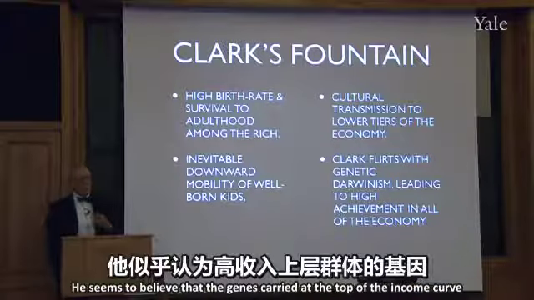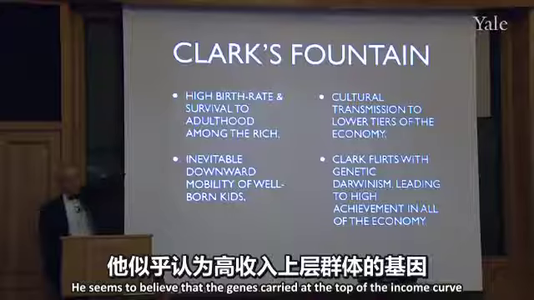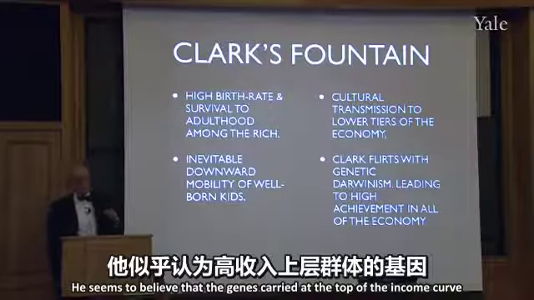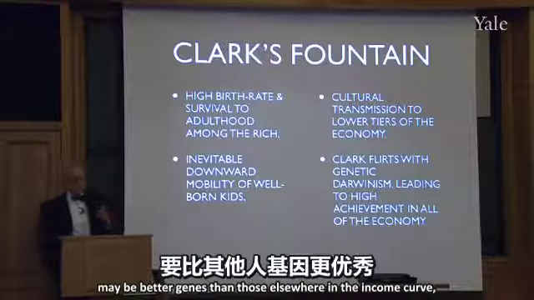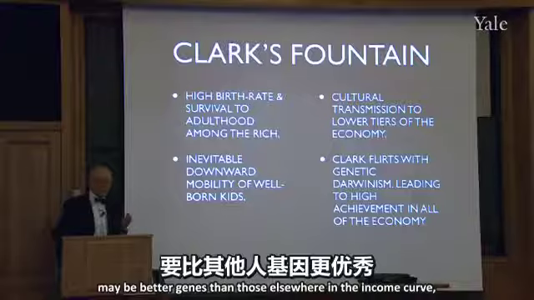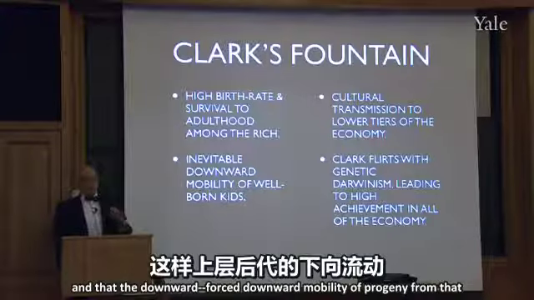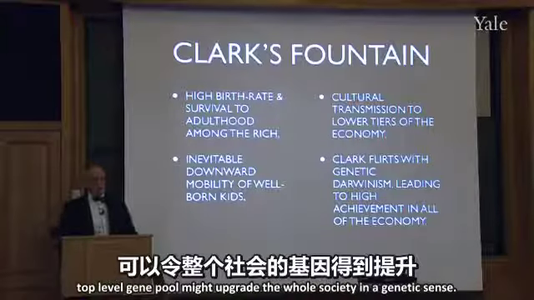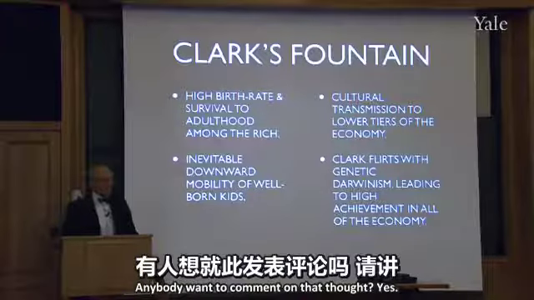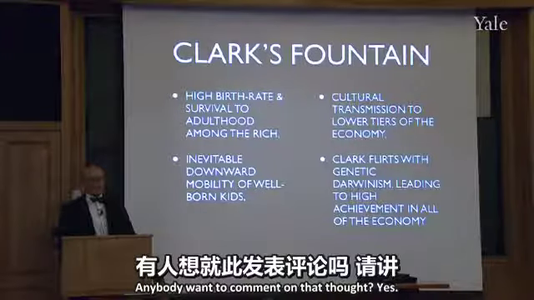He seems to believe that the genes carried at the top of the income curve may be better genes than those elsewhere in the income curve, and that the forced downward mobility of progeny from that top-level gene pool might upgrade the whole society in a genetic sense. Anybody want to comment on that thought?